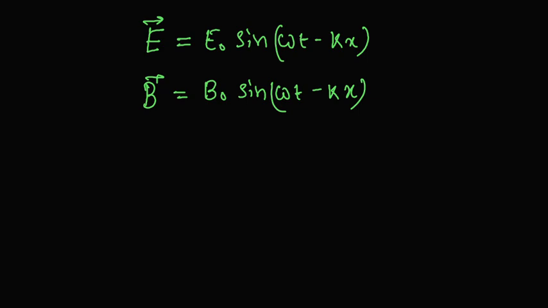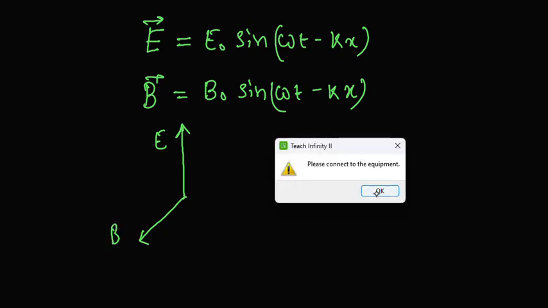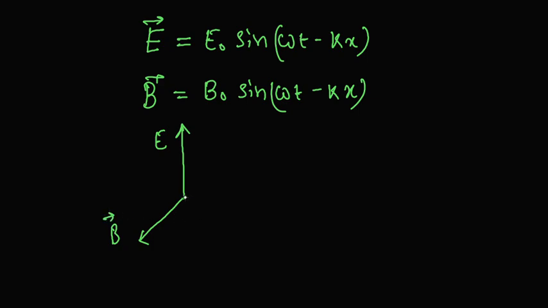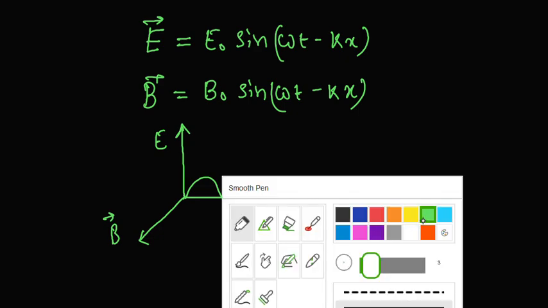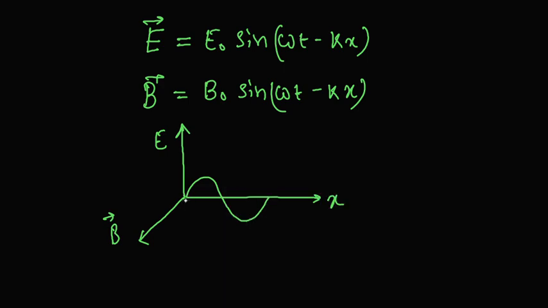That means if we draw the electric field along this side and the magnetic field along this line, and this is a vector perpendicular to both of them, then this is how the electric field is going, like that, and the magnetic field is going like that.